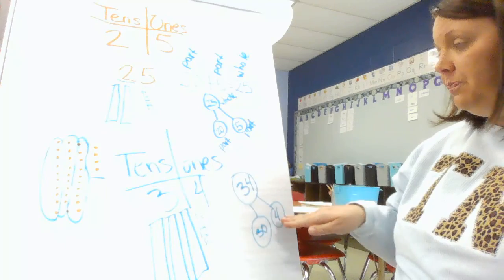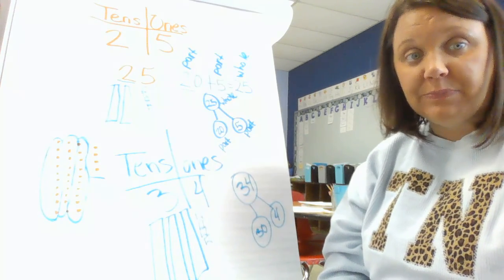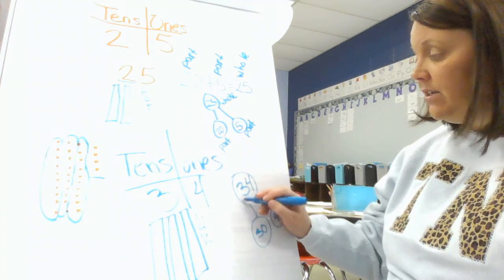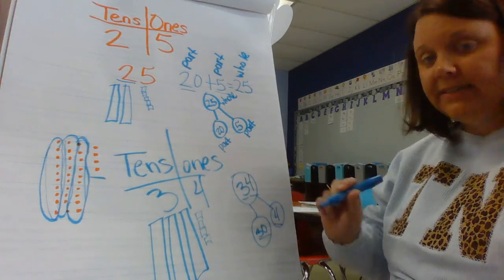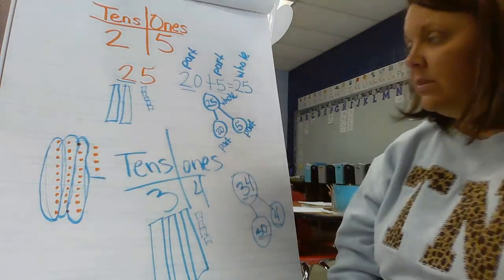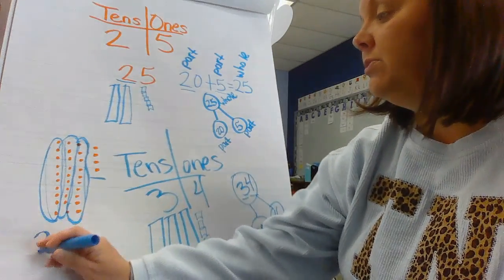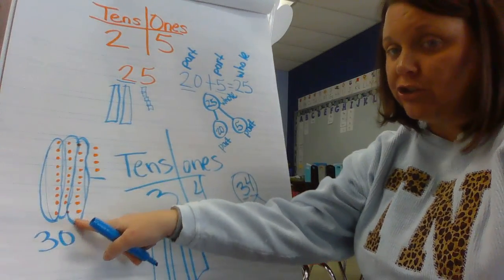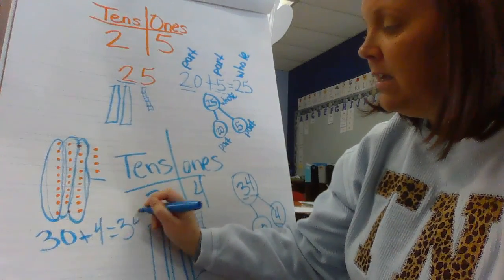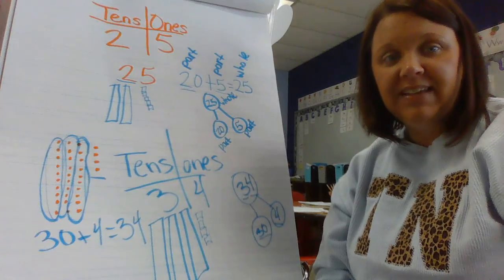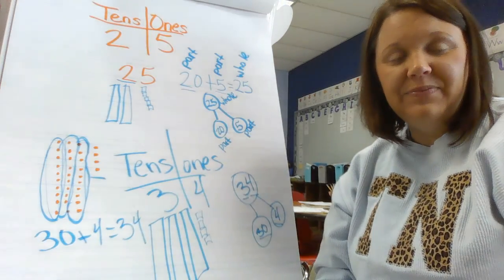So that 4 goes in the ones place. When you're doing a number bond with a 2-digit number, this is the tens place and this is the ones place. And the last thing we would do is we would say 30, because there's 30 in this group, plus 4 equals 34.